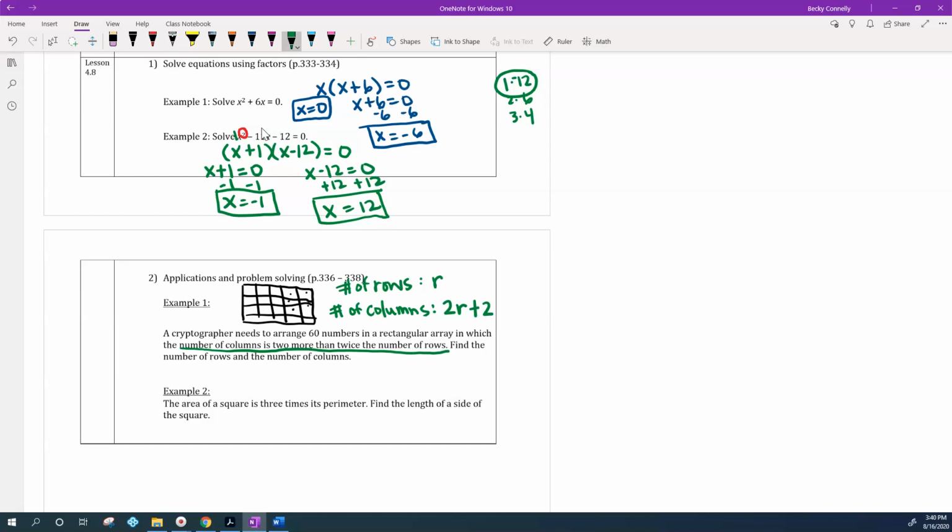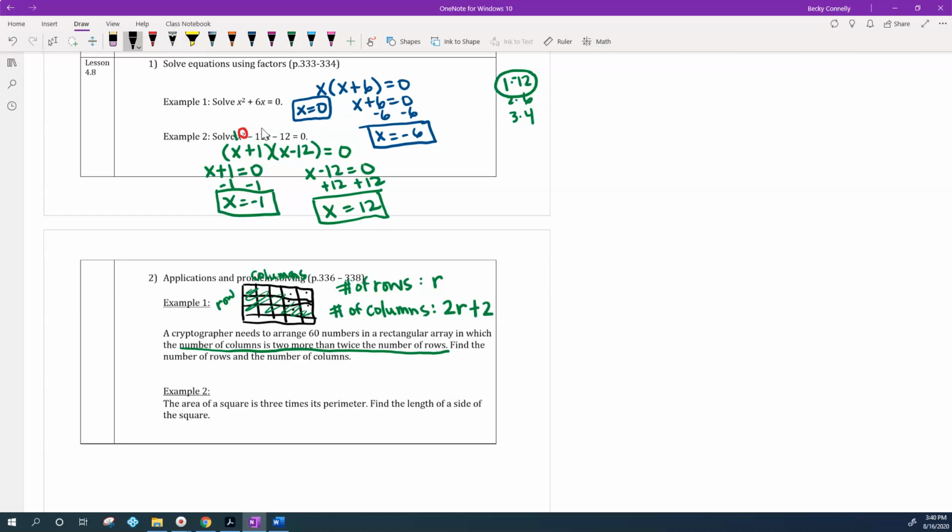Now from here it might seem a little bit tricky, but think about if you were trying to find the area of a rectangle: you would do the length times the width. In this case, we're doing the number of rows times the number of columns so that we can end up with 60. I'm going to write this over here. It might be a little bit easier.